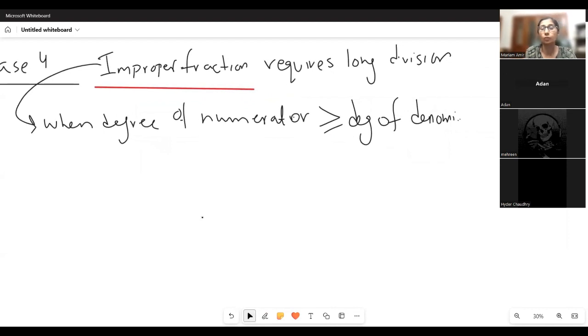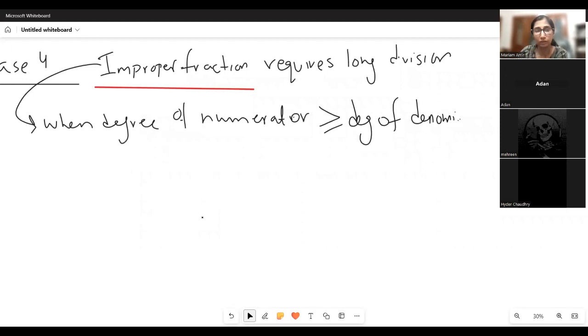That is what an improper fraction is. If the degree of the numerator is bigger than or equal to the degree of the denominator, then you must do long division first. Write that as a mixed fraction and then proceed.